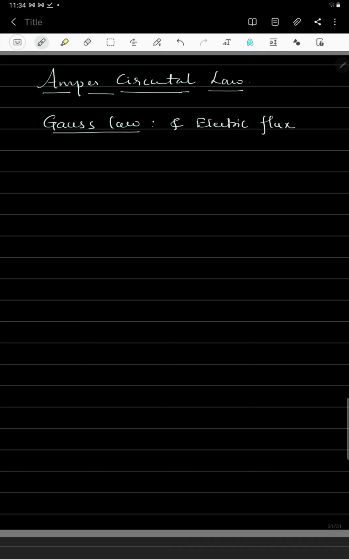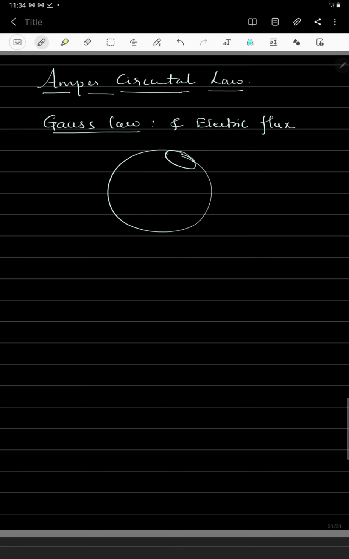The total electric flux through a surface in an electric field is defined as the surface integral of the electric field over that surface. It means this is one circular loop.